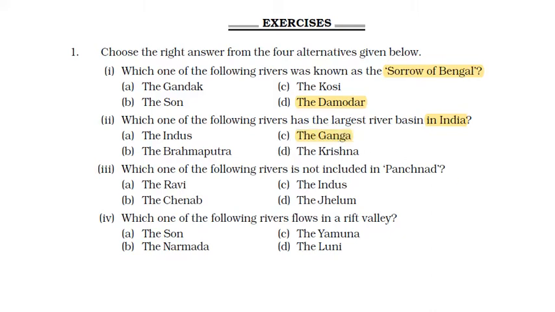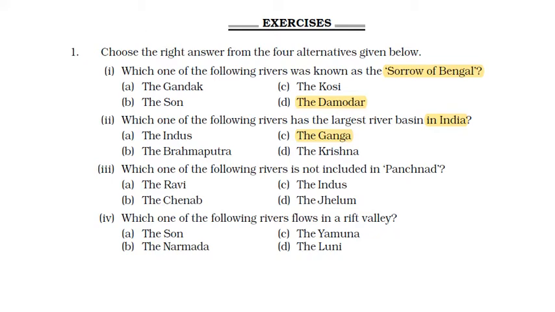So river Ganga has the largest river basin in India. Okay. So when we are talking about river basin, what is it? When a big river gets water from one specific area and falls into the sea, many tributaries join it, and this region is called the river basin.